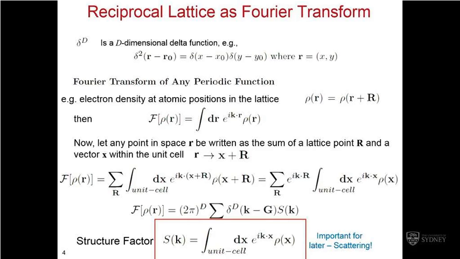So what we can do is, R at the moment is any vector position. Okay, it's not limited to being in the first unit cell. If now we say that the vector R can be written as the position of that atom, or a position in the first unit cell, x.